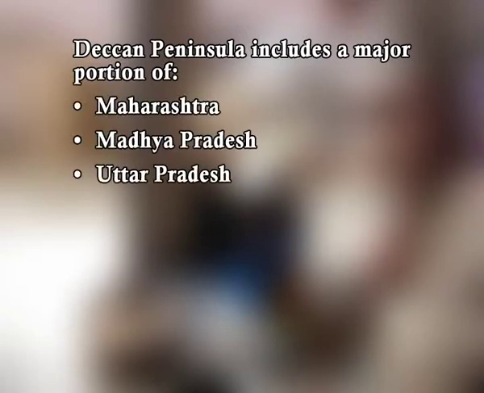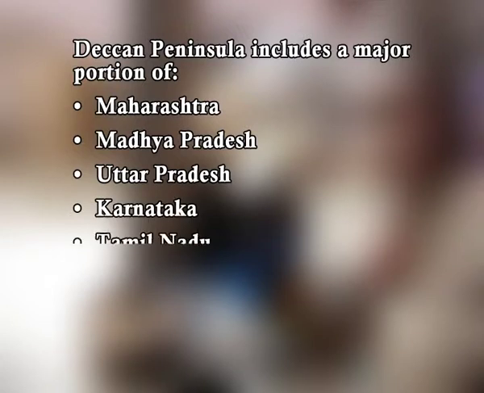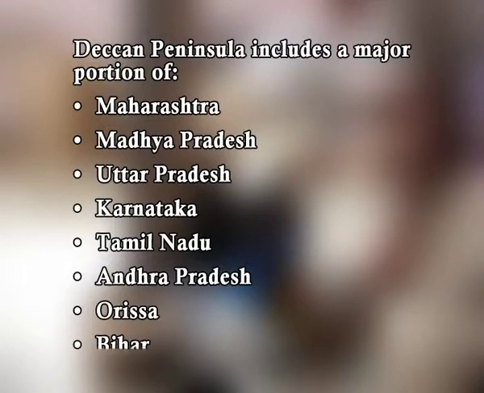Deccan Peninsula. The Deccan Peninsula biogeographic zone includes a major portion of the states of Maharashtra, Madhya Pradesh, Uttar Pradesh, Karnataka, Tamil Nadu, Andhra Pradesh, Orissa and Bihar. The zone is relatively homogeneous and ranges from semi-arid to moist deciduous, semi-evergreen type of climate.